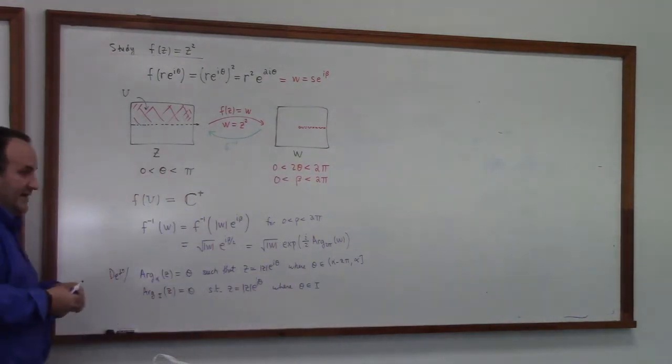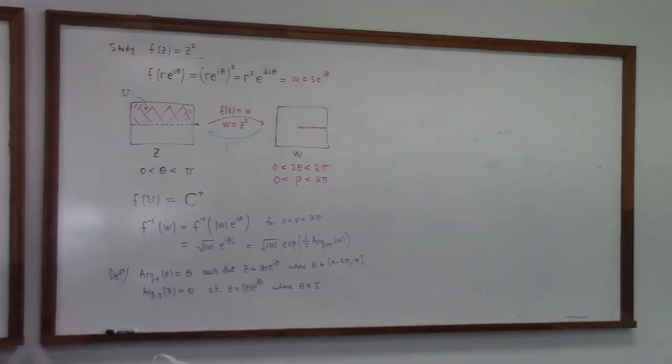With the understanding that I is some interval of length 2 pi, half open, half closed, that you're taking angles from. We want it to be a unique set of angles, so we don't want to double count 0 and 2 pi. So it's important that that interval be either half open or half closed.